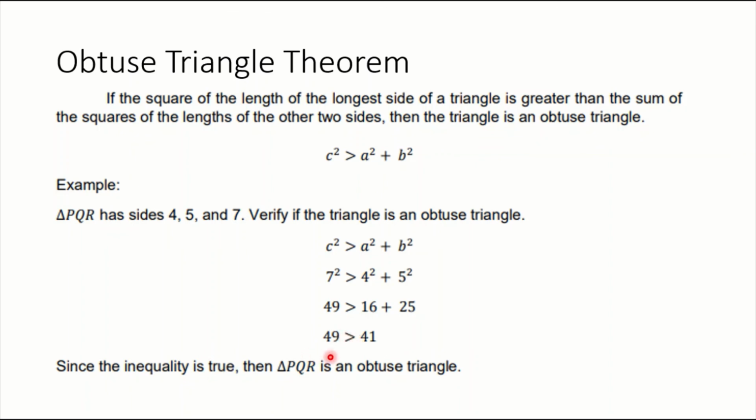Is that correct? Yes. Since the inequality is true, then triangle PQR is an obtuse triangle. Tandaan mo lang po, pag mas mataas ngayon yung letter c natin kesa dun sa a and b, the triangle is an obtuse triangle. And that's it for Quarter 3, Week 7, Similarity Theorems and Pythagorean Theorem.